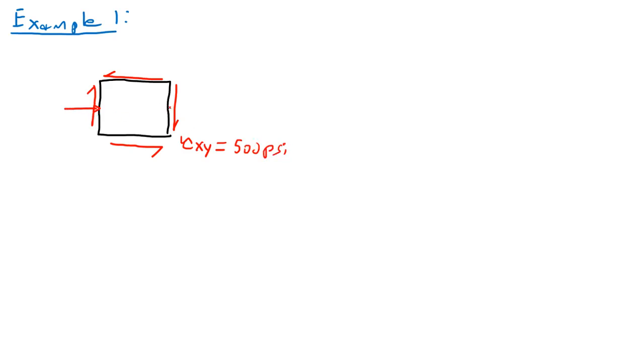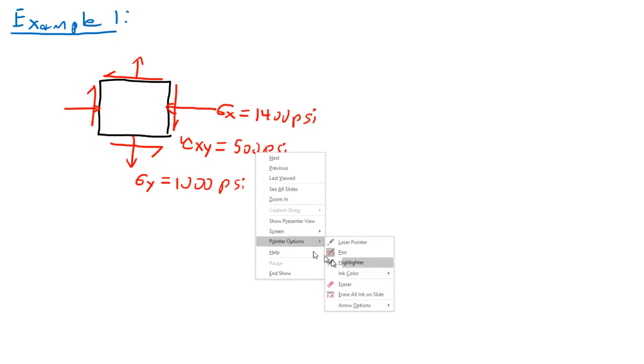Sigma x is actually going to be in compression. Sigma x is 1400 psi. And sigma y is in tension, equals 1000 psi. So this thing is simultaneously in compression and tension. Alright, so we're given this state of stress.